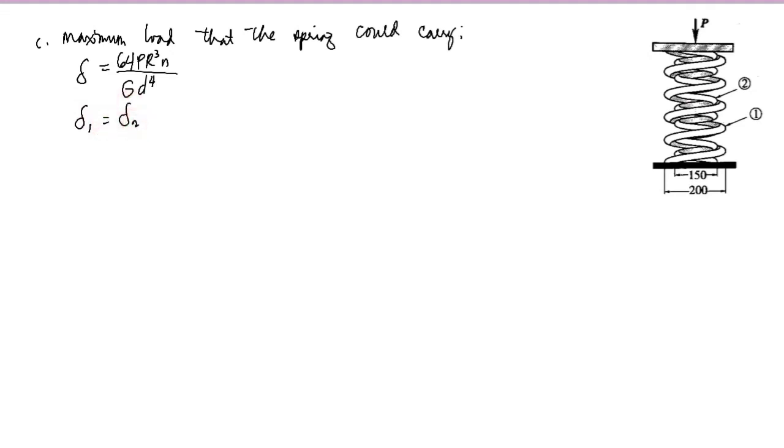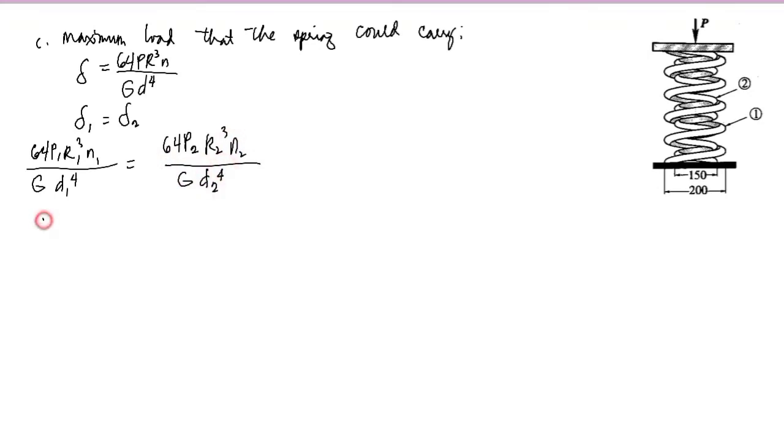For deformation 1, the outer spring, we have 64 P1 R1 cubed N1 over G D1 to the fourth, equal to 64 P2 R2 cubed N2 over G D2 to the fourth.